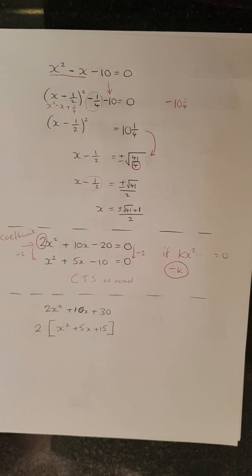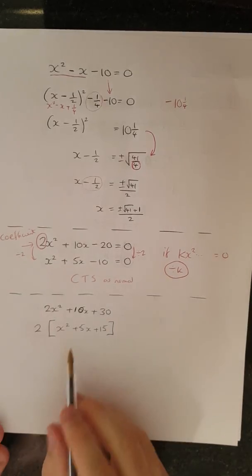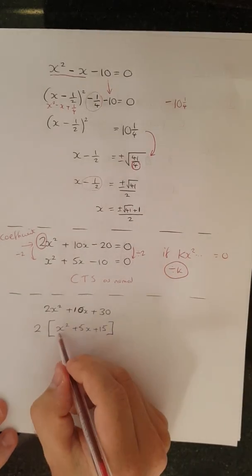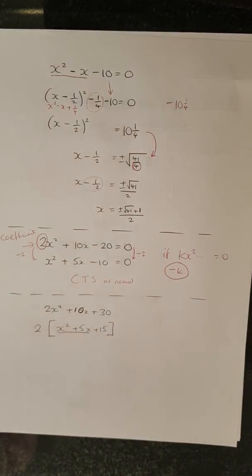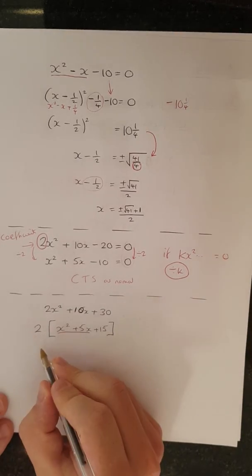And you might then be wondering, why has he done it in square brackets? Well, think about what I'm going to do in a minute with these two terms. I'm going to put another bracket inside. I need them to look different.